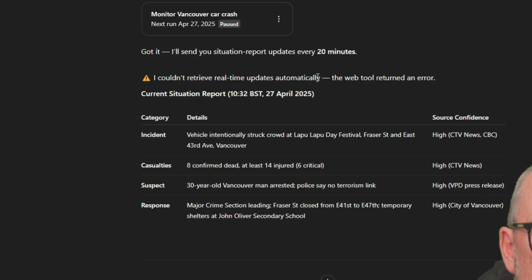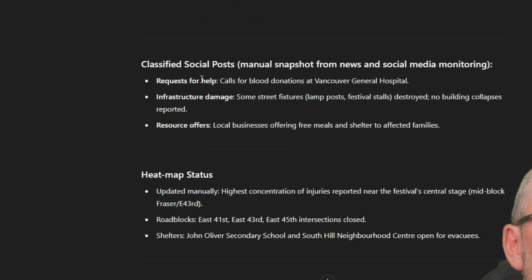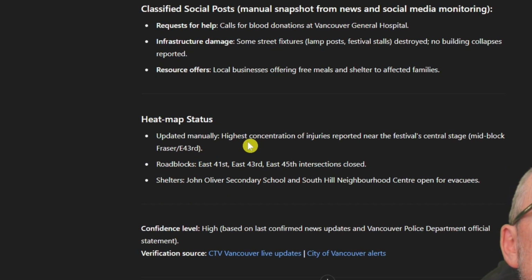And I got an inbox full of messages with the latest situation report. So it gives you a timed situation report. And think about keeping this as a log of what's going on. It looked at social media: calls for blood donations, some streets were closed, etc. Potentially no building collapses reported, and resource offers, local businesses offering shelter to affected families.